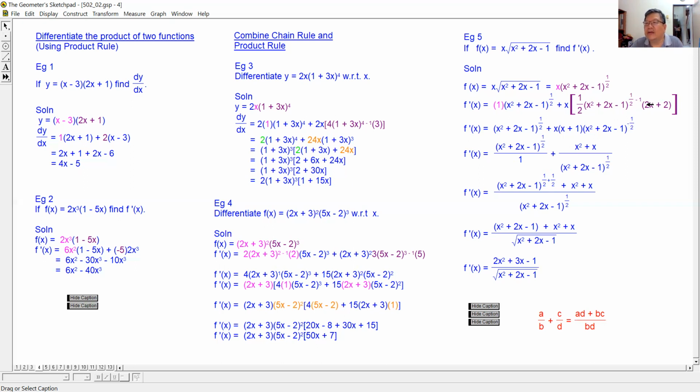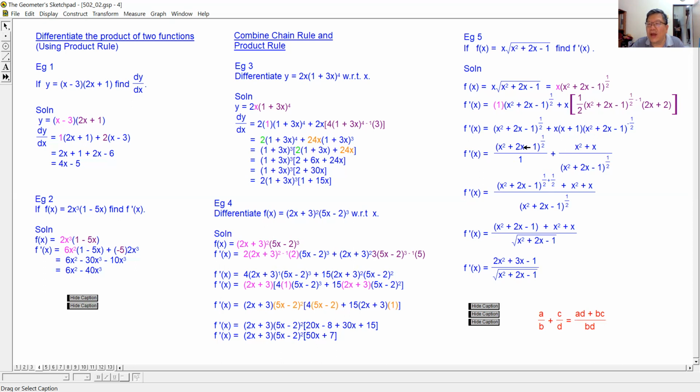The other function comes from the differentiation of the inside of the bracket, so 2x minus 2 remains at the top, the 2 cancels away, and this negative half you can put at the bottom, at the denominator.